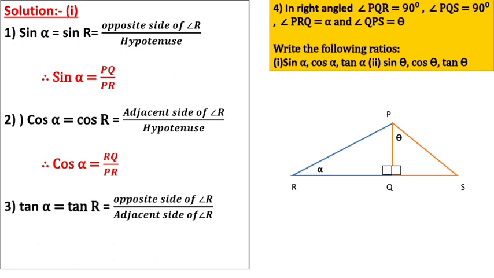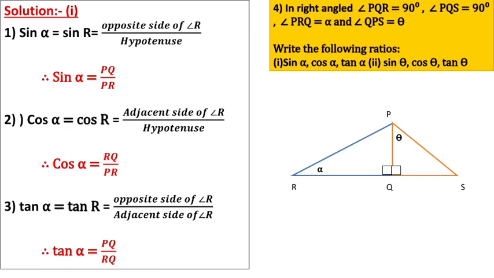So alpha is our angle R. So tan R equals opposite side of angle R upon adjacent side of angle R. So students, the opposite side of angle R is PQ and the adjacent side of angle R is RQ. So in our first set of ratios we have got all three: sin alpha, cos alpha and tan alpha.